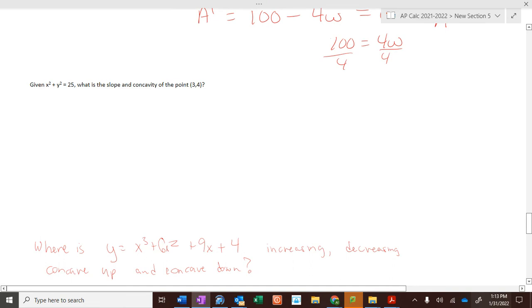Basically, if you pass the AP test, you get 5 credits of college calculus. You know how much a 5-credit class costs at college? $1,500 for a 5-credit class. So if you pass this $100 test, you just saved yourself $1,500.